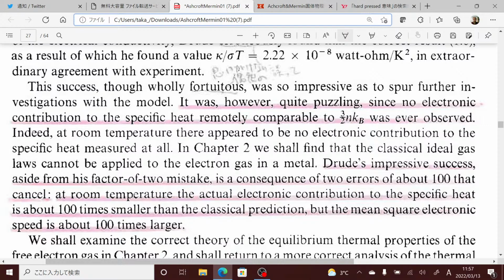Indeed, at room temperature, there appeared to be no electronic contribution to the specific heat measured at all.